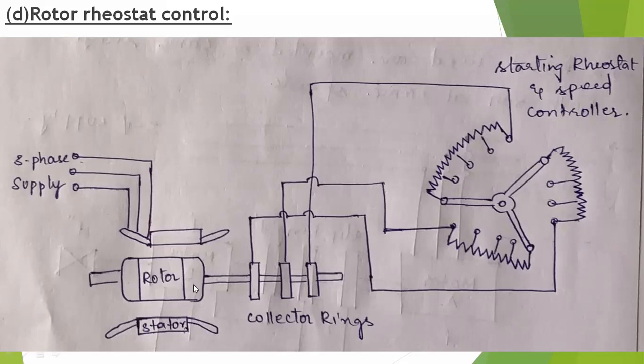So this is the rotor circuit and this is the external, sorry, this is the starting rheostat and speed controller. This is the external resistance which I have connected to control the rotor resistance. For this purpose, we are using a rotor starter, and it is continuously rated.